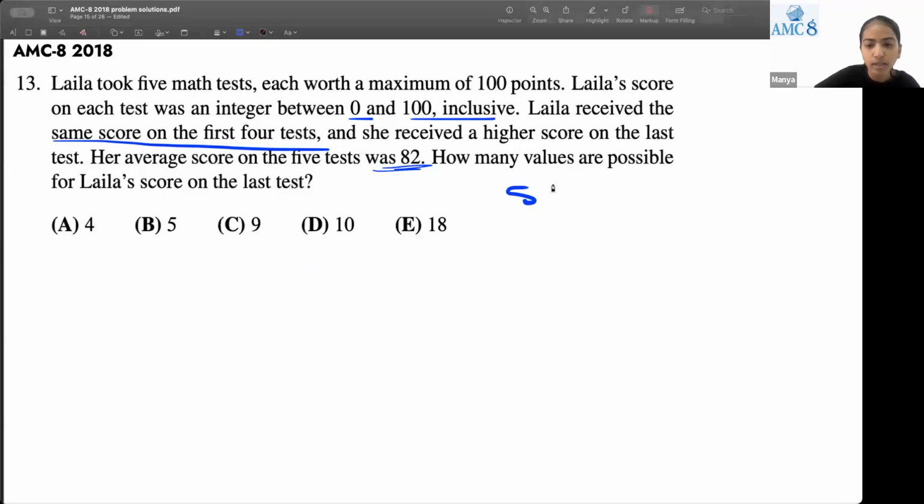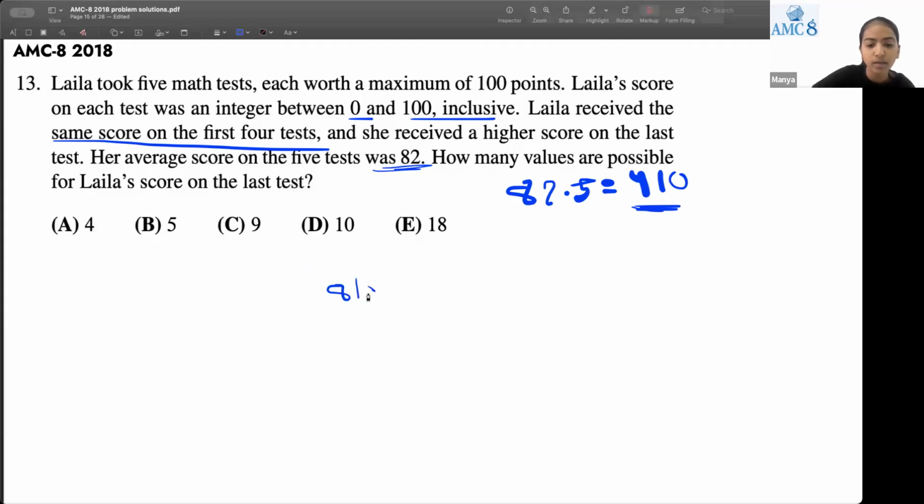So the total would be 82 times 5, which gives us 410. Since 410 is the total, suppose that she got 81 on each of the first 4 tests.